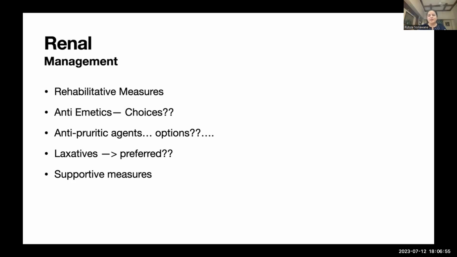But again, how frequently and how much, because that injection also is a source of discomfort for the patient. So again, it depends on how much and when and whatnot. So those laxatives, either as you said, lactulose or bulk forming with a stimulant, so that they are not constipated, and supportive measures. So those will go hand in hand.